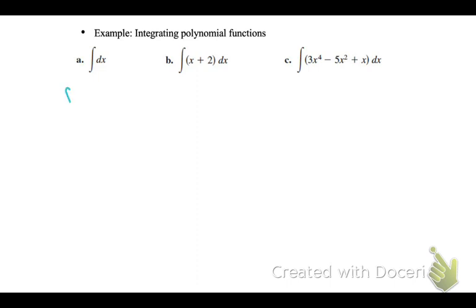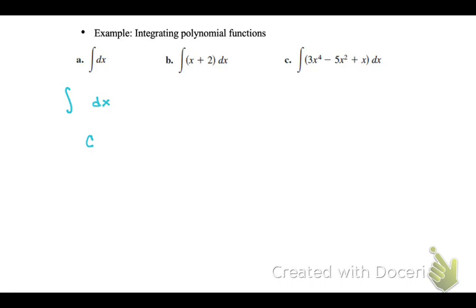So basically, this is the integral of 0 dx. So what gives you 0 on a derivative? A constant. So the answer to this is just C. Oh, but I told you completely wrong.